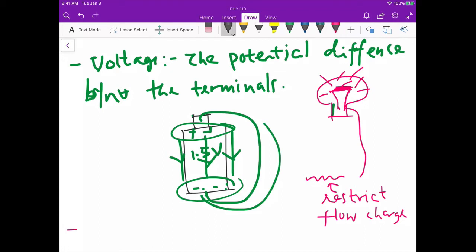So the bulb is your resistance. Rather, resistor, let me put it as a resistor. Resistance is the physical quantity. The resistor is part of the circuit.